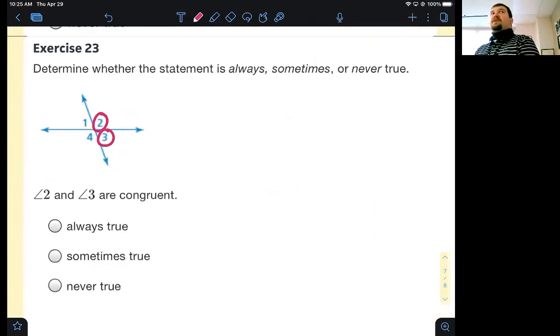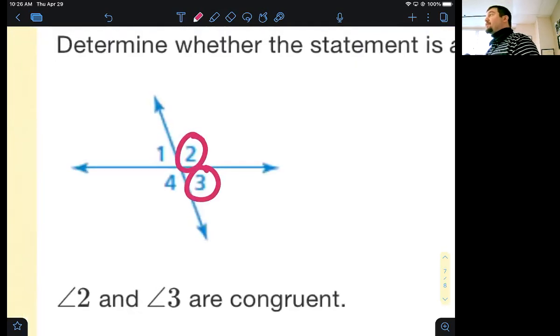Give me an instance of when they could be the same. Because that's what congruent means, right? Same size. What's an example of when they could be the same? They are not equal if you look at the drawing, but your answer is correct.